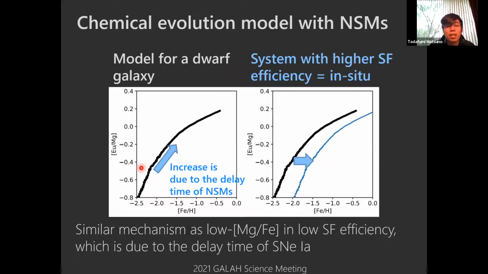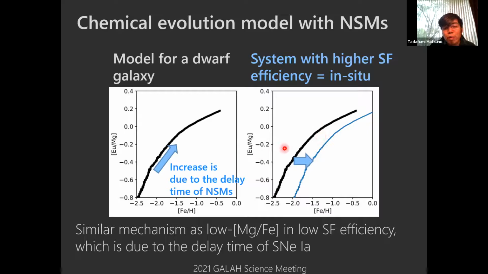If the system has higher star formation efficiency, the entire evolution will be shifted to the right, because while this ratio is mainly dependent on time, metallicity is dependent on both time and star formation efficiency. Basically, a system with higher star formation efficiency has higher metallicity at a fixed time. So that's why the entire evolution is shifted to the right.